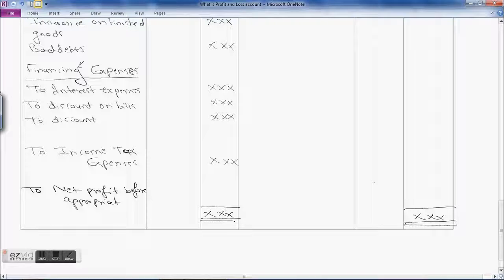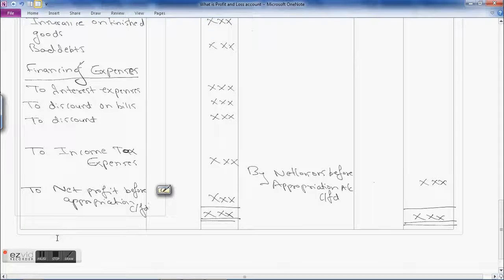Appropriation is distribution. But if the debit side total is more than the credit side, you have net loss, that is net loss before appropriation. Now this net loss or net profit is carried forward to your profit and loss appropriation account. Both, whether you have net profit or net loss, are carried to your profit and loss appropriation account.